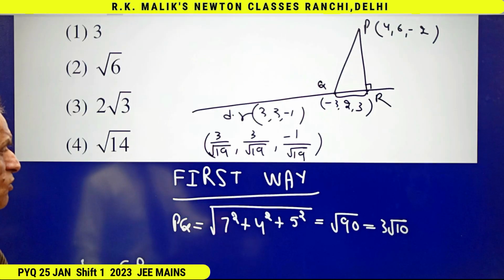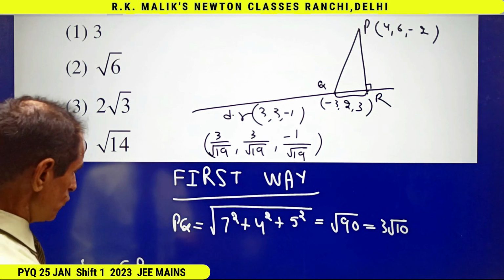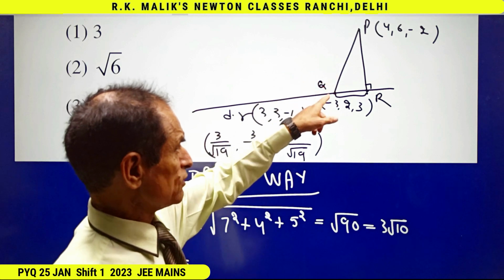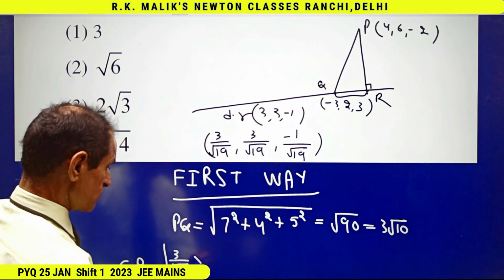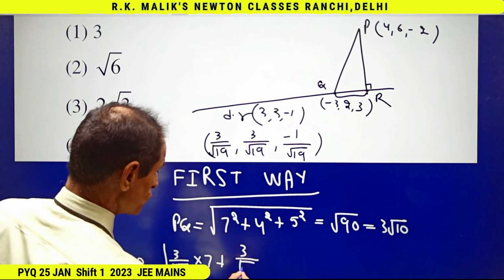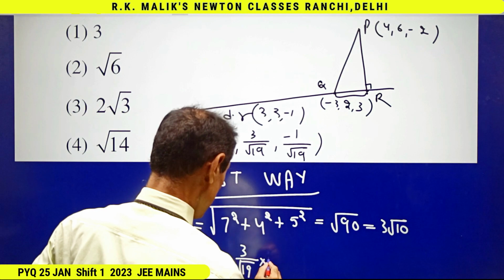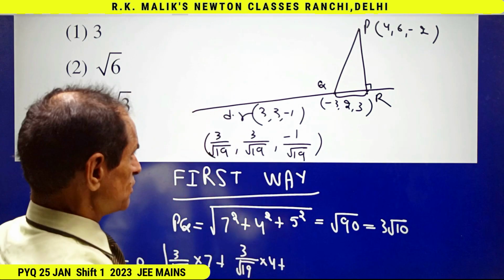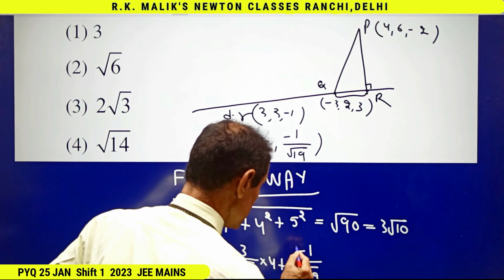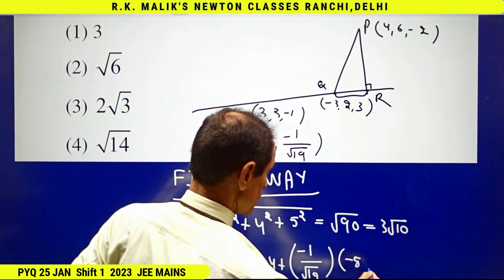Hence, using this formula, QR will be equal to 3 by under root 19 into x2 minus x1, that is 7, plus 3 by under root 19 into y2 minus y1, that is 4, plus minus 1 by under root 19 into minus 5.